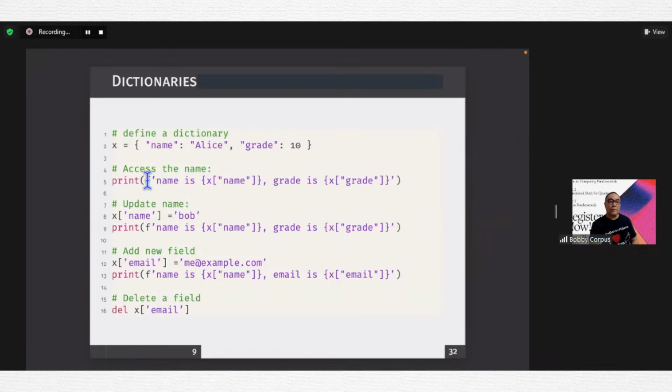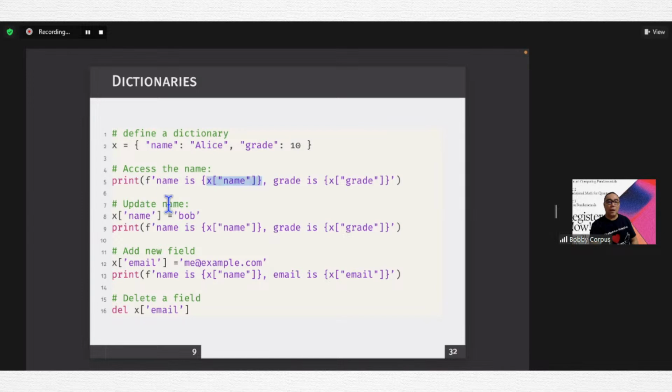Tapos ito namang letter F na to, this is the F string, no? So, ibig sabihin, maghahanap yung Python ng isang variable that is defined called letter X, and then we'll substitute that value dito sa F string na to.